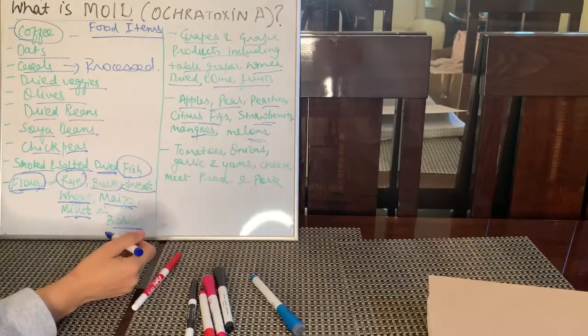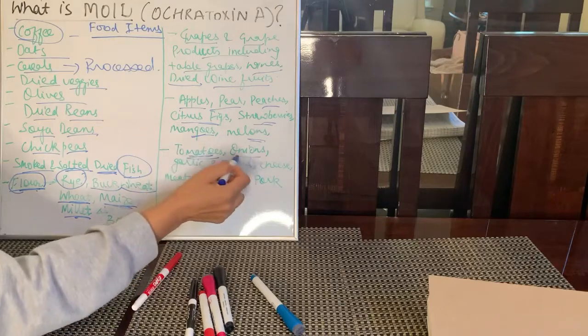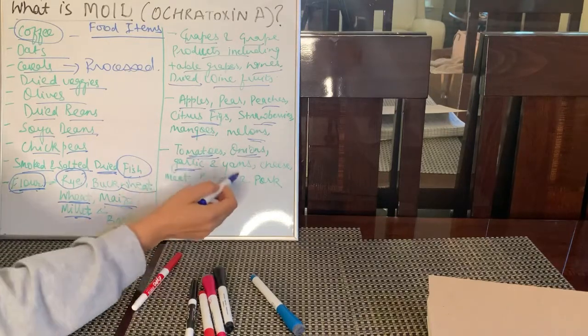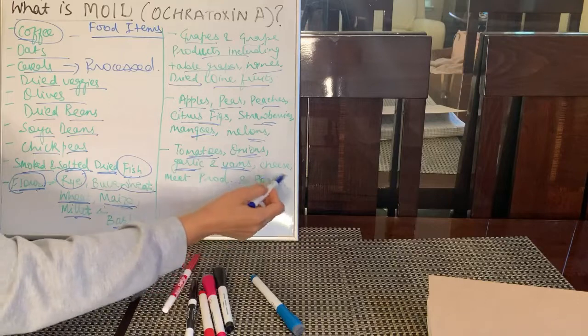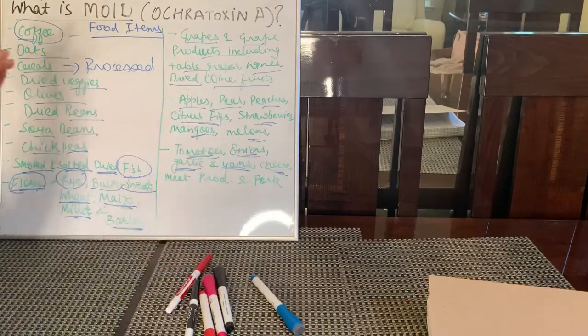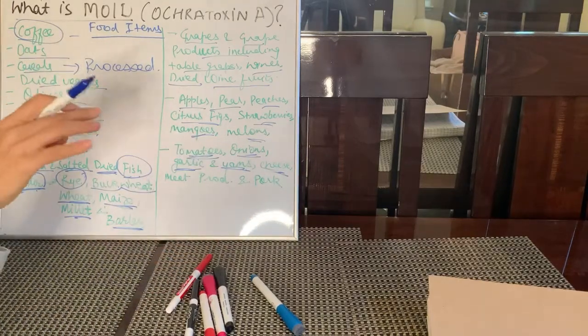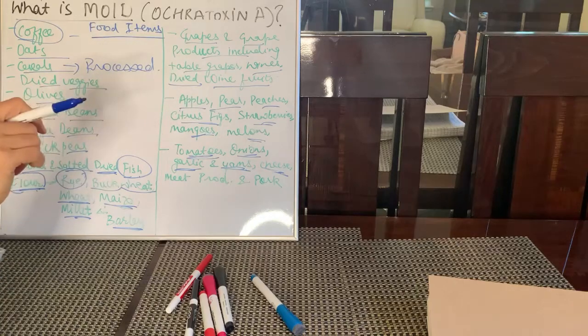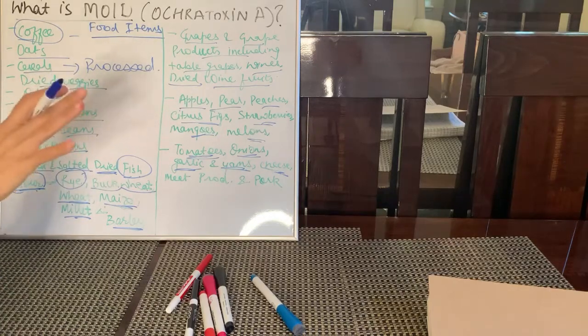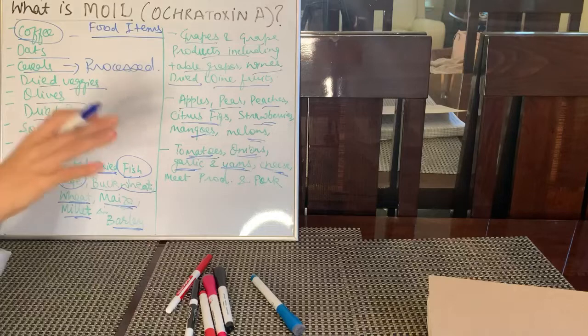Mold may also be present in tomatoes, onions, garlic, yams, cheese. You know, all that green stuff you see on the cheese when it grows old, that's mold. So it always usually happens during the storage, guys.